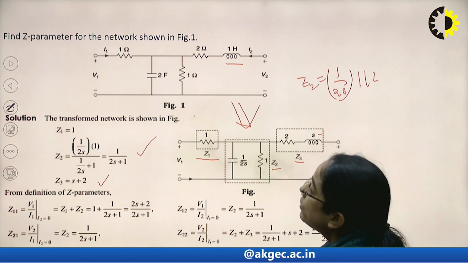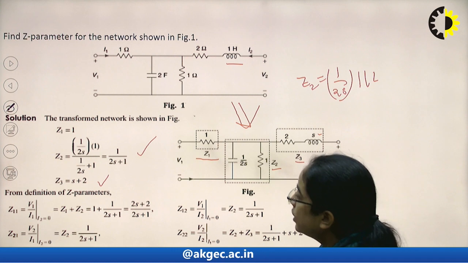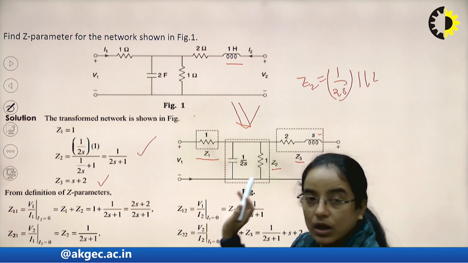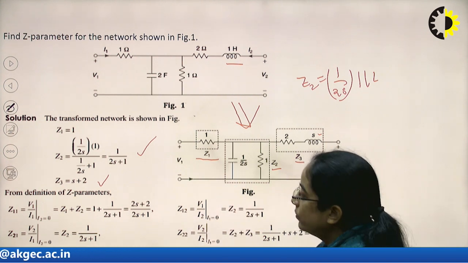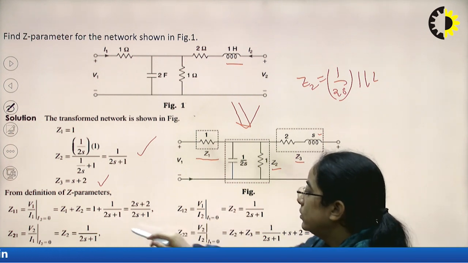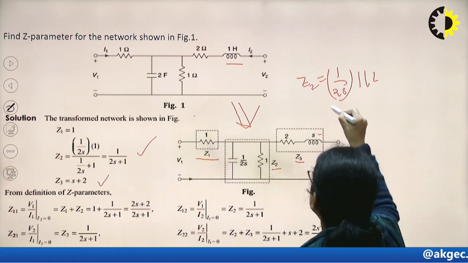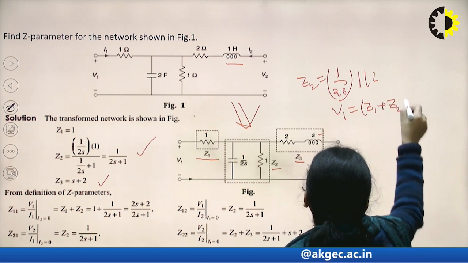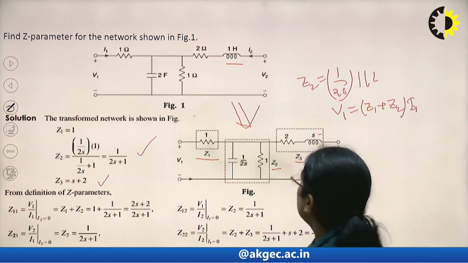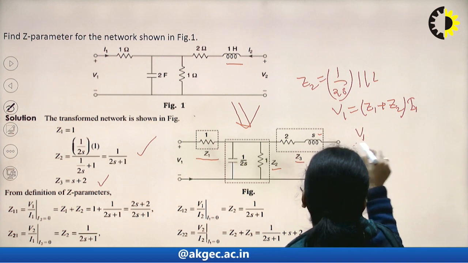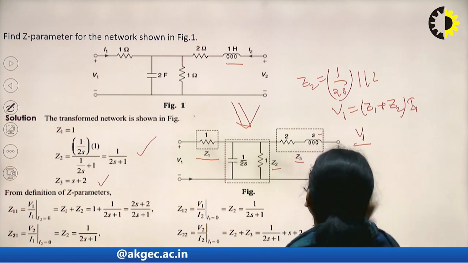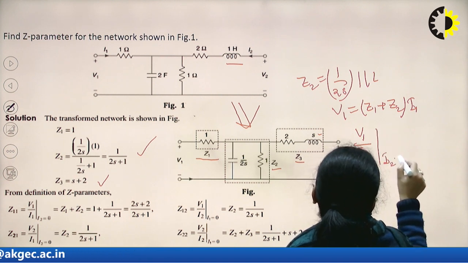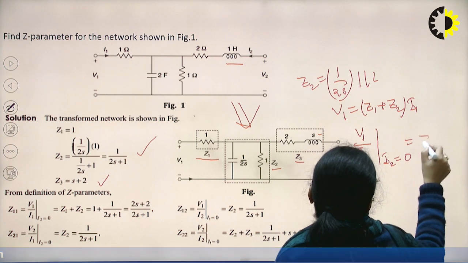Okay, so now if we write the equation here, V1 equals Z1 plus Z2 into I1. According to the definition, if we open the output terminal, V1 by I1 when I2 is 0 is Z11.